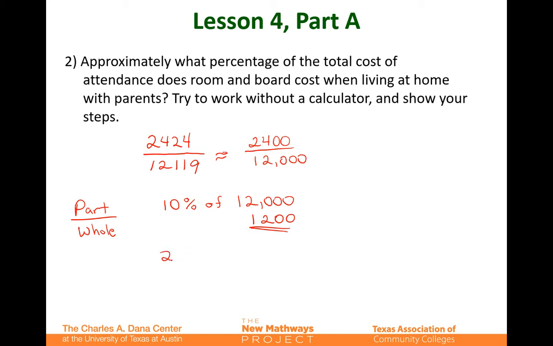So $2,400 is approximately 20%, right? If 10% is $1,200, then if we double both things, then 20%, $2,400 would be about 20%.